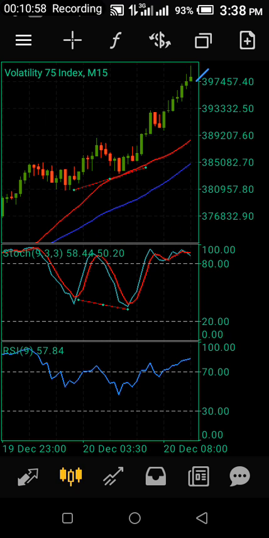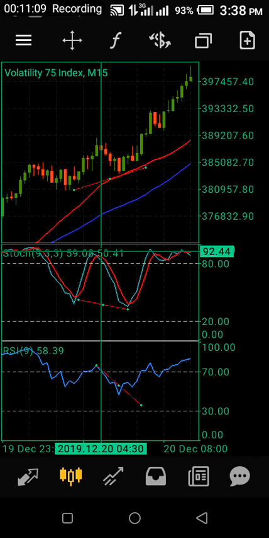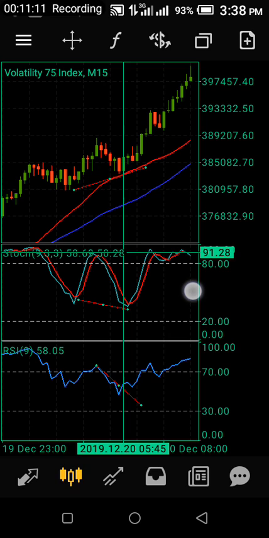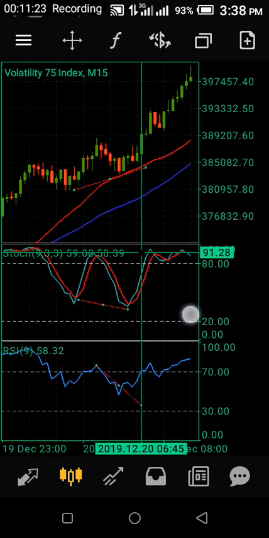You go to it, then come here, the last part where you want the breakout to occur. Can you see? Because this is the last part. Don't worry, I'm still going to do a live video on how to do this. So can you see, that's where the hidden divergence is.